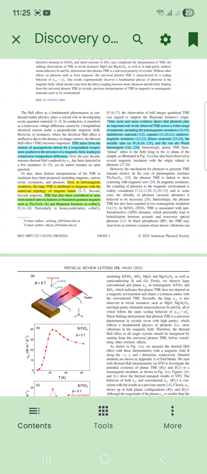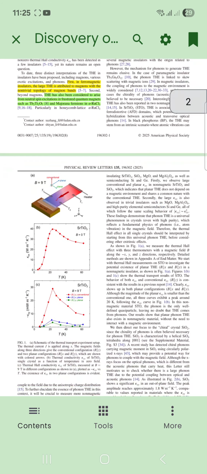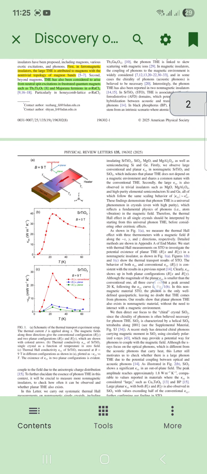So phonons were not considered before this paper. So in this paper they have addressed the question: are phonons also playing a role in a more common way than people think? So what they did, they started looking at this effect in strontium titanate.